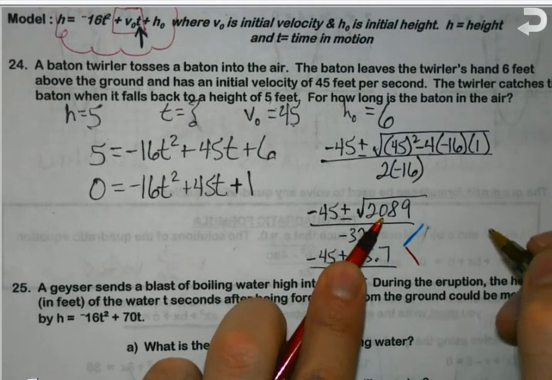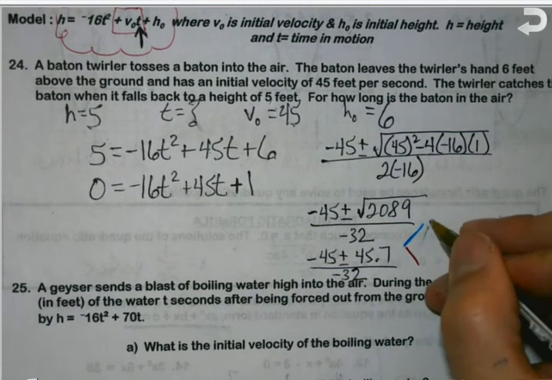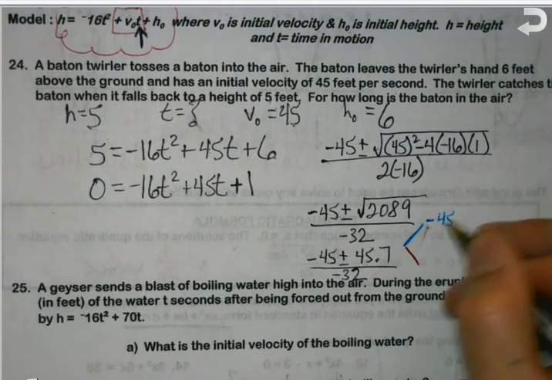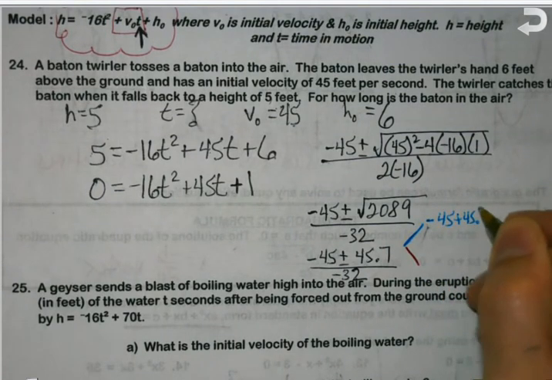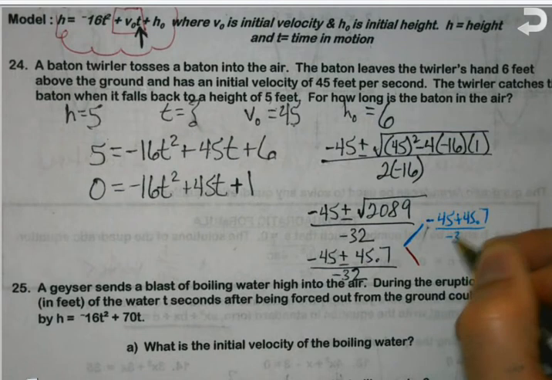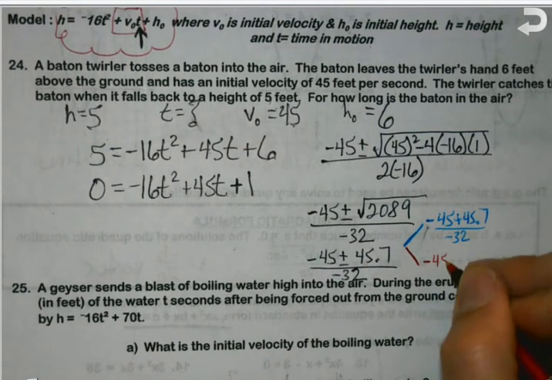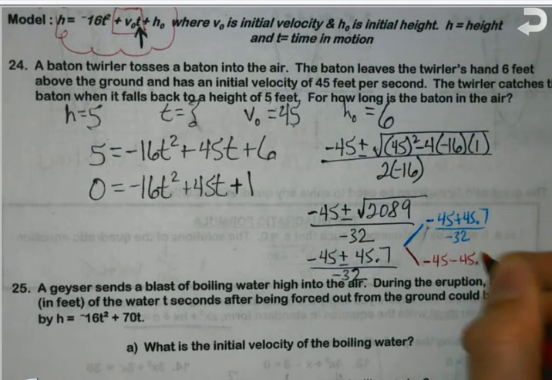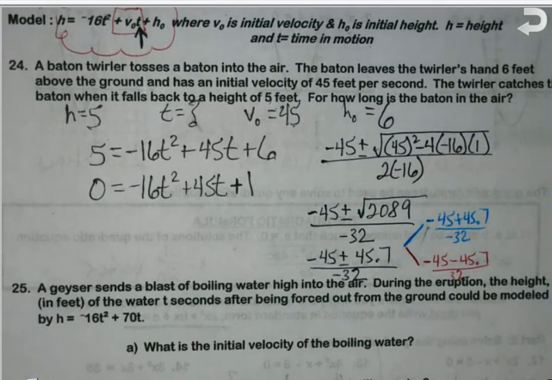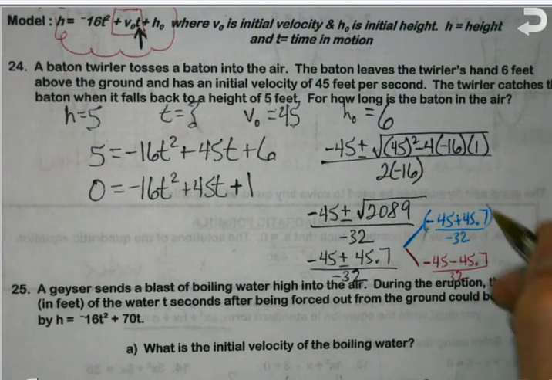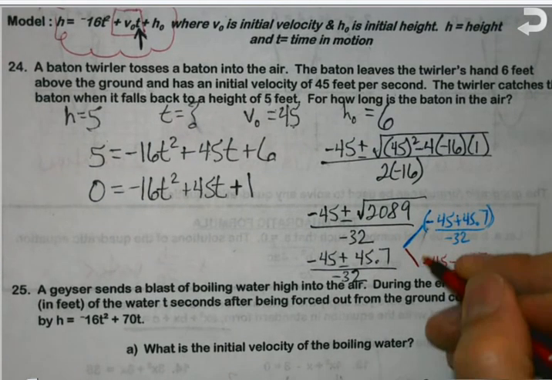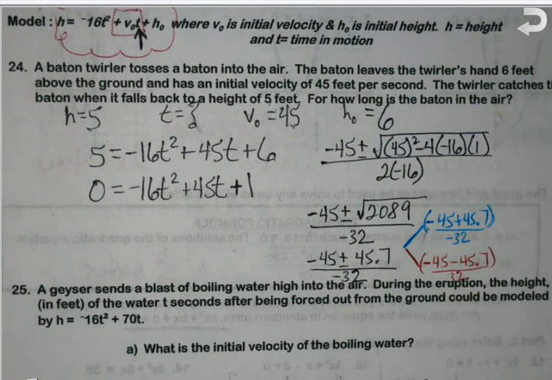So I'm going to add the 45.7 on one of these, and subtract it on the other one. Then I'm going to crank this out on the calculator. Now remember, if you're cranking on the calculator, either hit enter after you do the numerator or put the parentheses in, because otherwise you're going to get an answer that's all messed up.